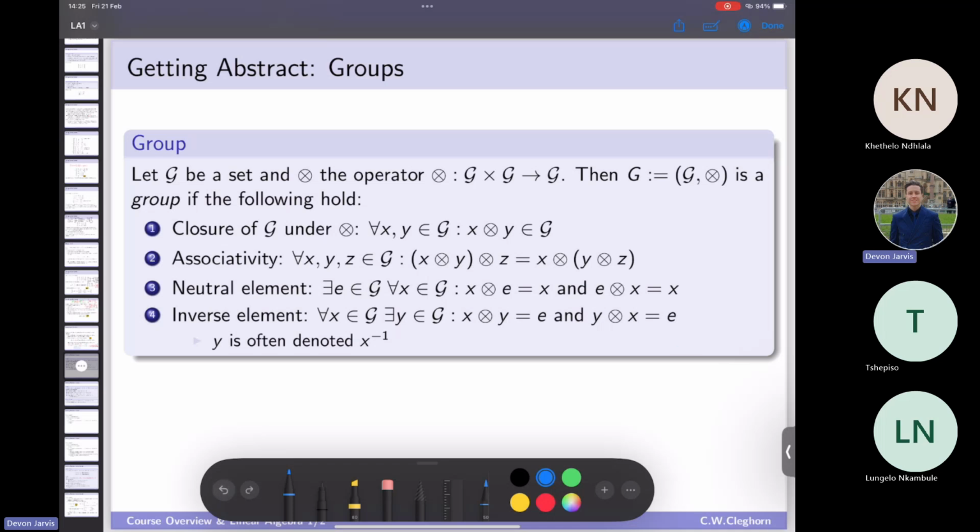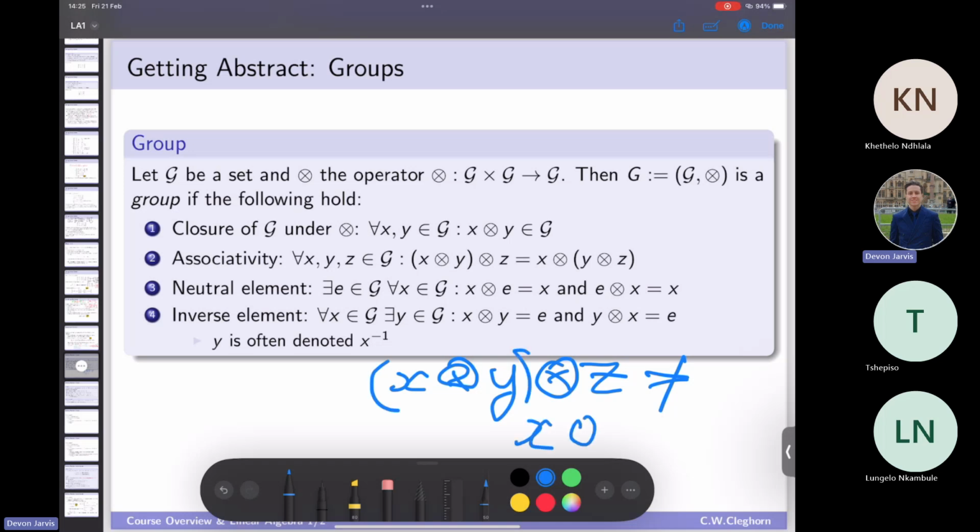So a nice one to do that with is to pick values x, y, z, and then show that it is not the same regardless of whether I group it that way or the other way first. Okay? That's how you would then contradict this.